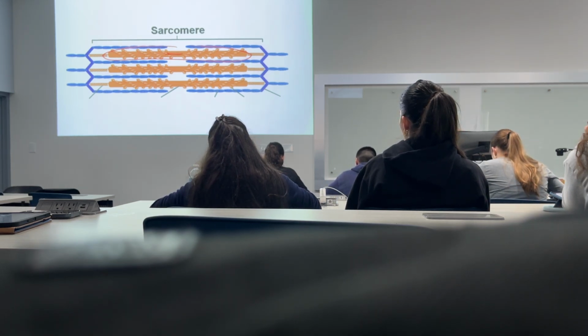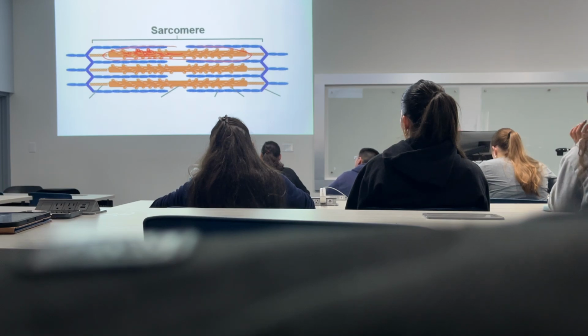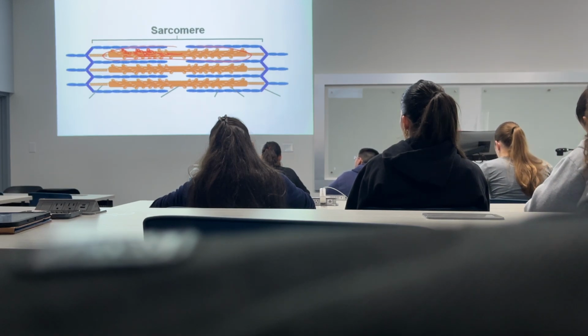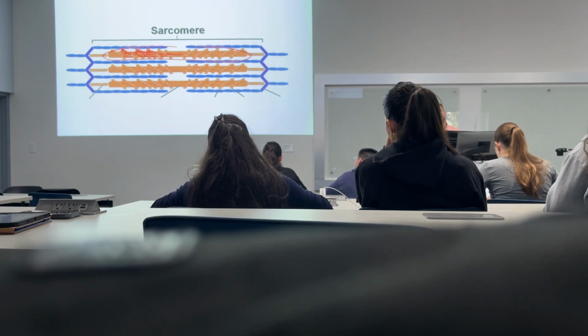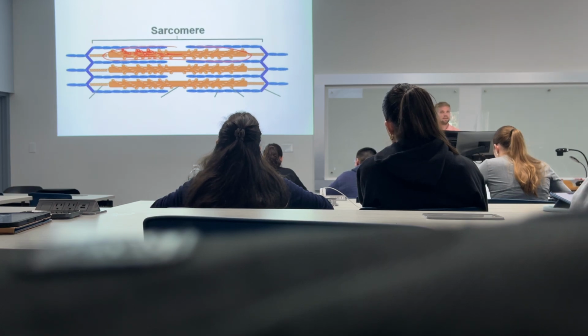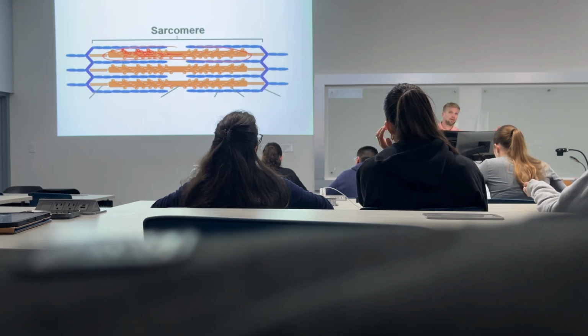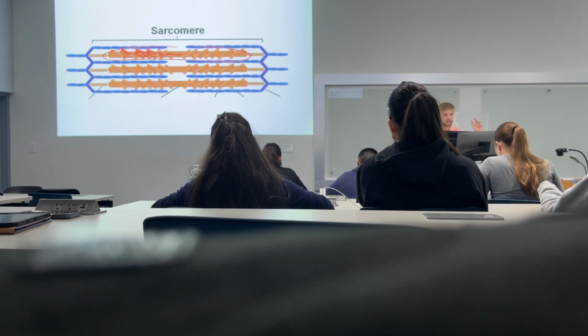The tails of the myosin proteins lie parallel to actin, and the heads are on a bit of an angle. They're cocked upwards or downwards, depending upon what side of the myosin filament we're looking at. And they're oriented in a way where the heads are slightly perpendicular to actin.